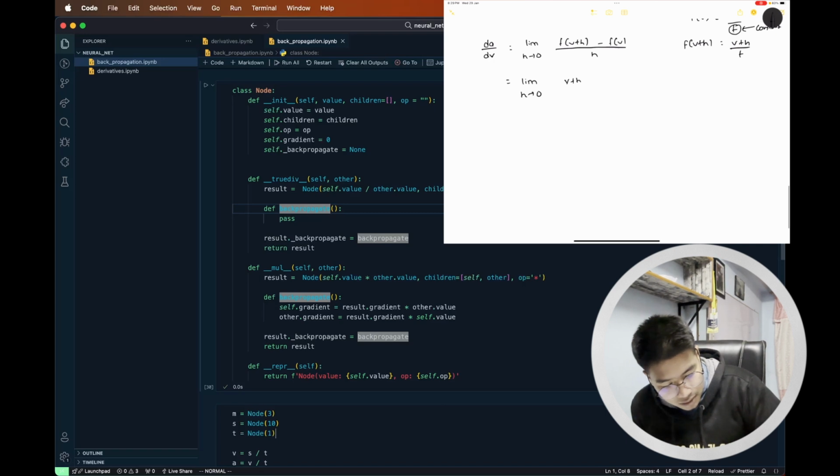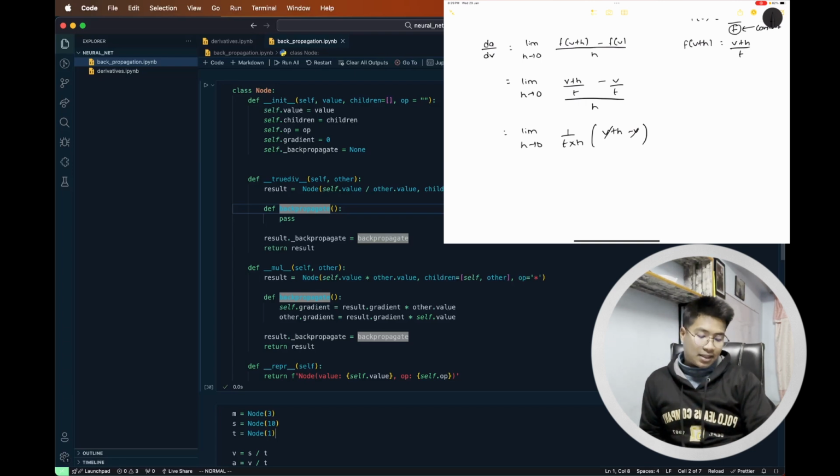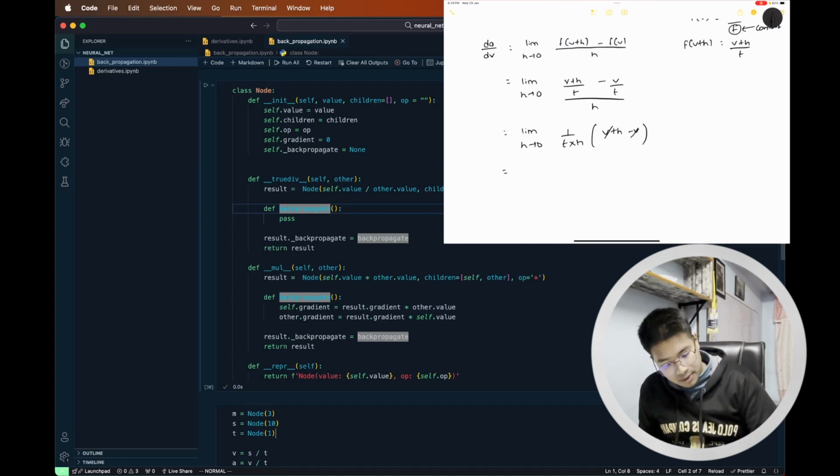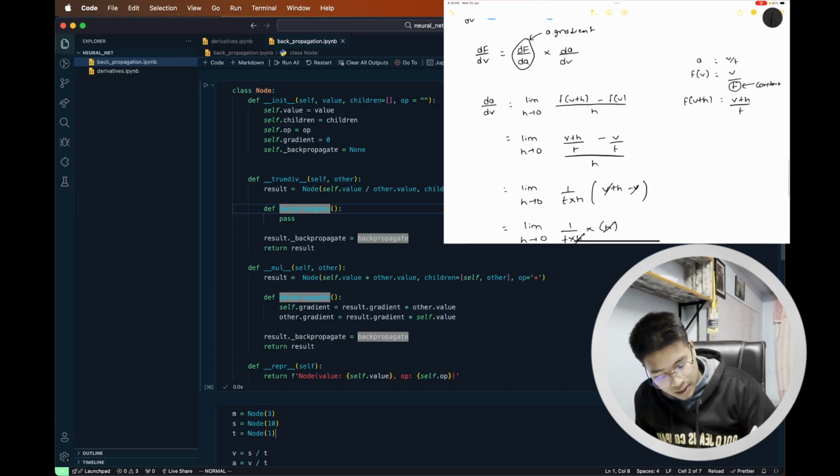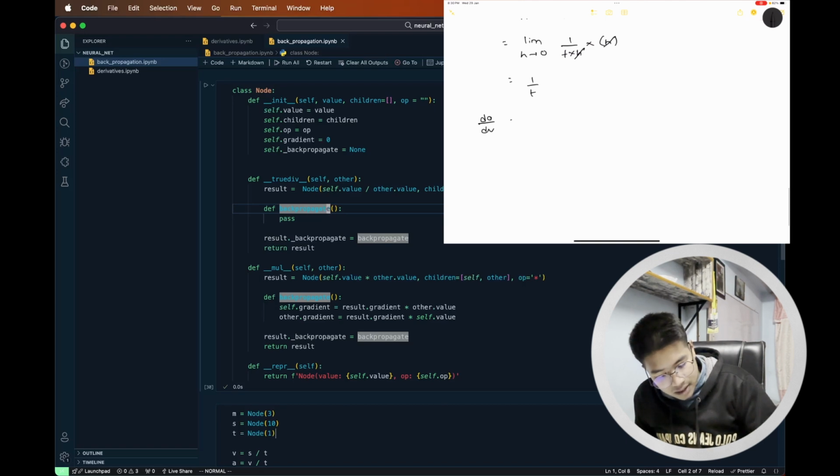So v plus h by t minus v by t, over h, limit as h tends to 0, I can do 1 by t times h and have that computation over here. v goes away, h also goes away. So just to avoid confusion, the h's cancel, and you get 1 by t. So you get dA by dv is 1 by t.